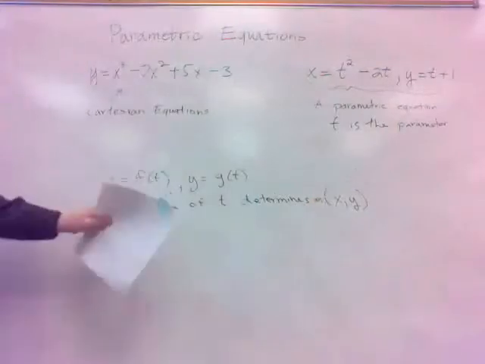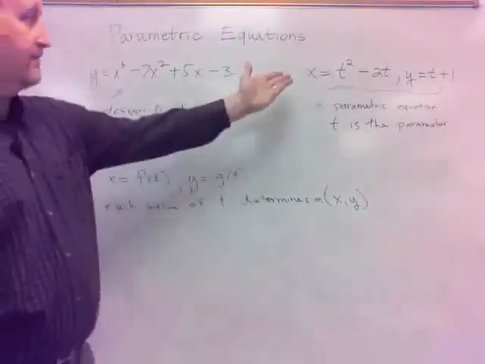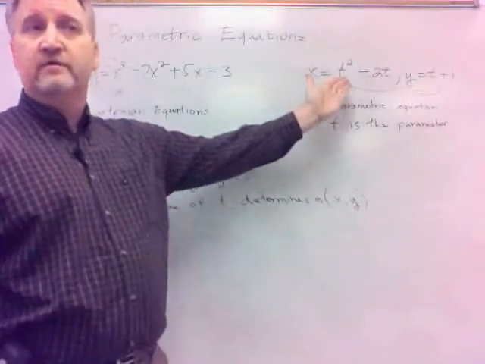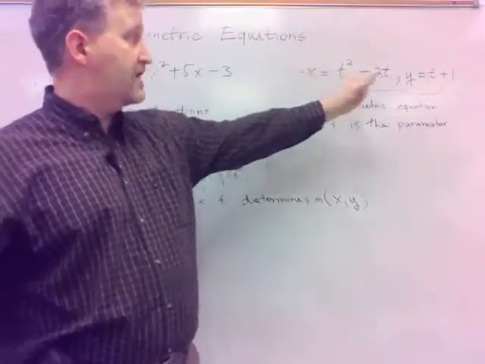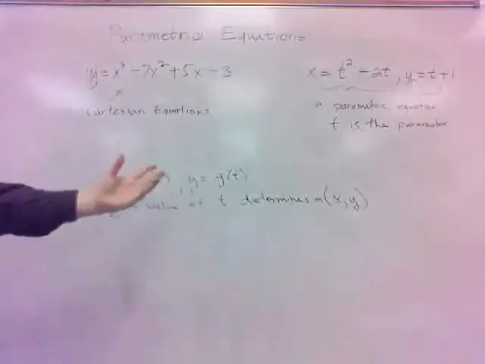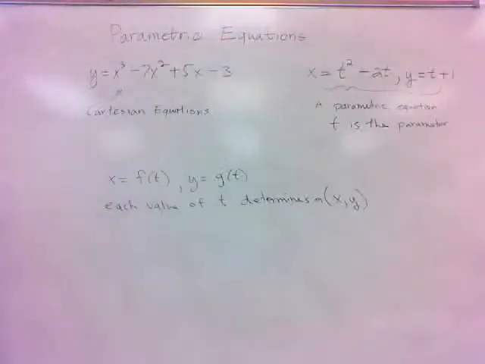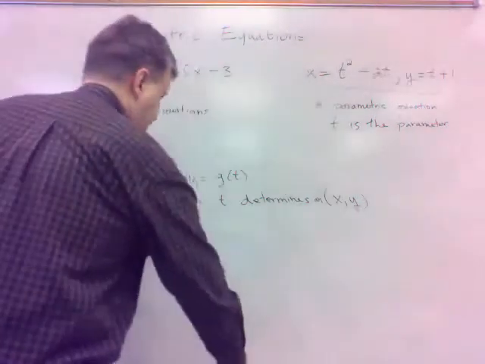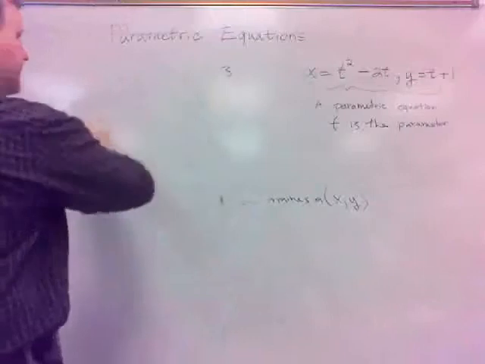Each value of t would give me an x comma y. If t was 1, I would get an x value and a y value, and it's just like that. It's an ordered pair. So as far as graphing is concerned, it works much the same. Okay? All right, so let's take a look at an example here.